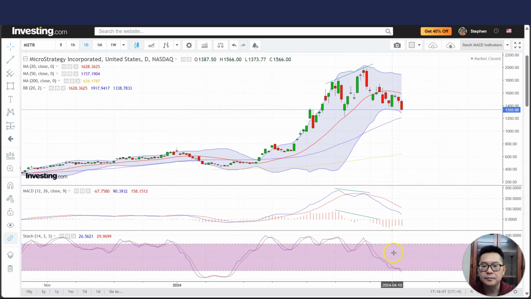MACD has already signaled bearishness around here, and yes, it's still in a very negative mode at this moment. So all eyes should be on this area, the 50 MA, and you will really want to see bearish momentum slowing down as it touches the 50 MA. Otherwise, you could see more bearishness. And the market is not doing very well.